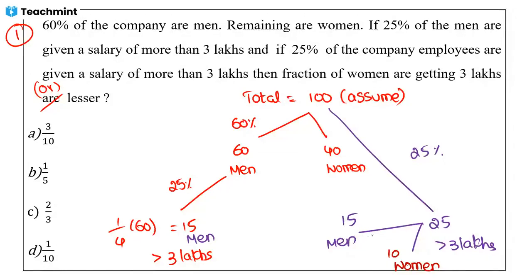Okay. Now, 10 women are getting greater than 3 lakhs, right? Now, the question is what fraction of women are getting 3 lakhs or lesser. We have 40 women.